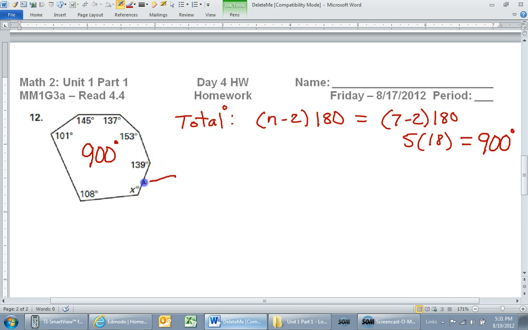We're supposed to find out how many degrees this one angle is, but luckily for us, it's the only angle left. So if we subtract all of these angles from 900, that will do it.